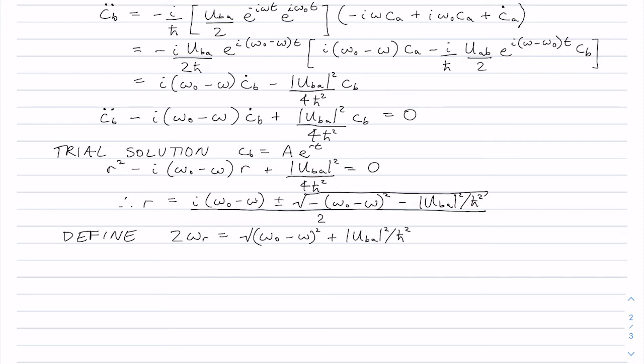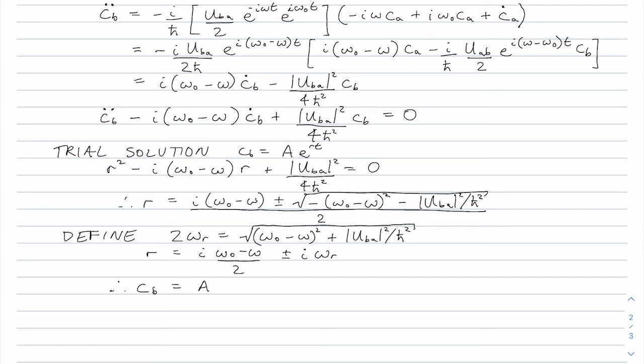When you're solving this at home and checking my work, just make sure that you keep track of all of the i's, because they're all important imaginary parts. With that definition, we have r is equal to i times omega naught minus omega over 2, plus or minus i omega r.